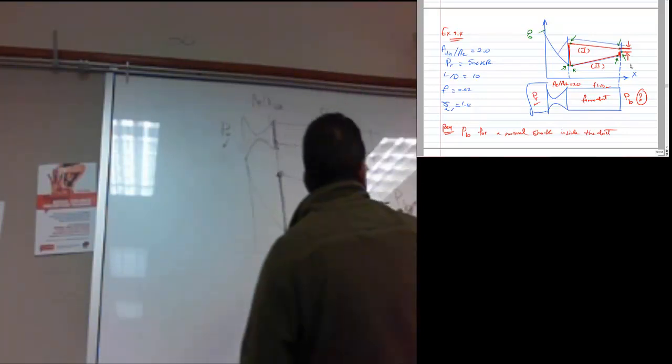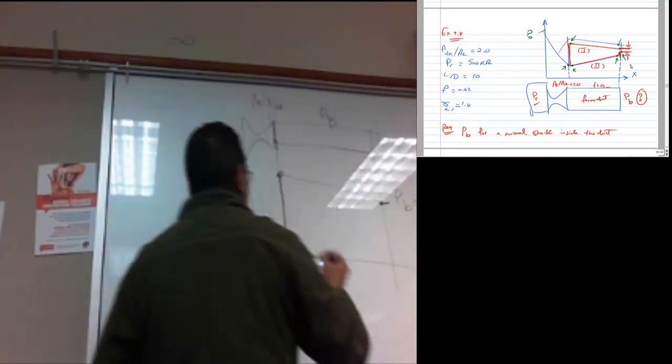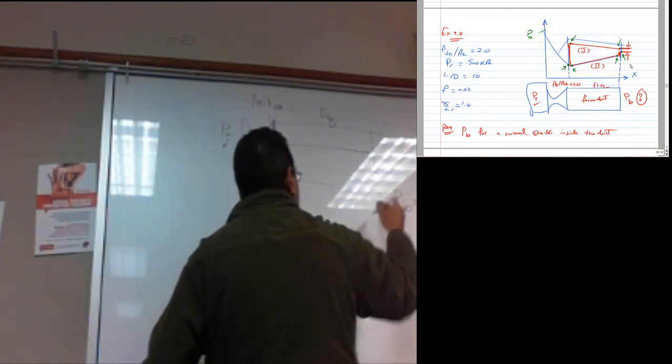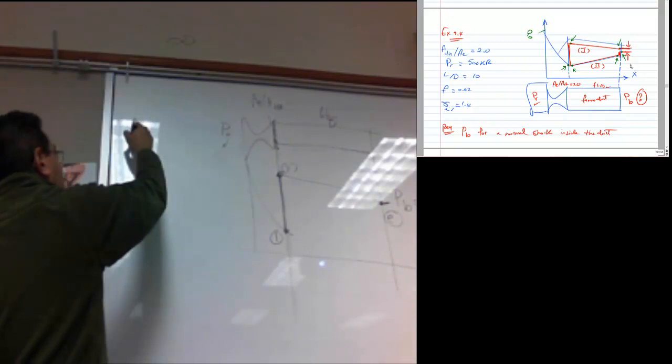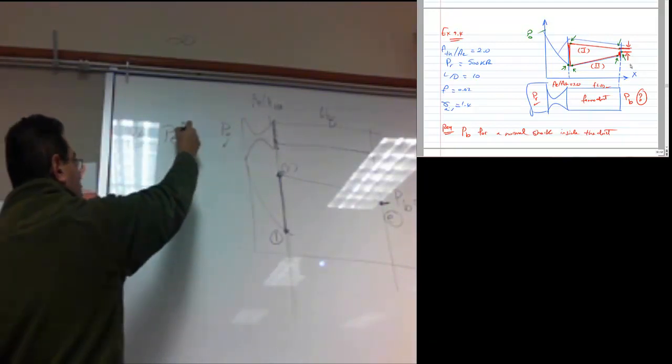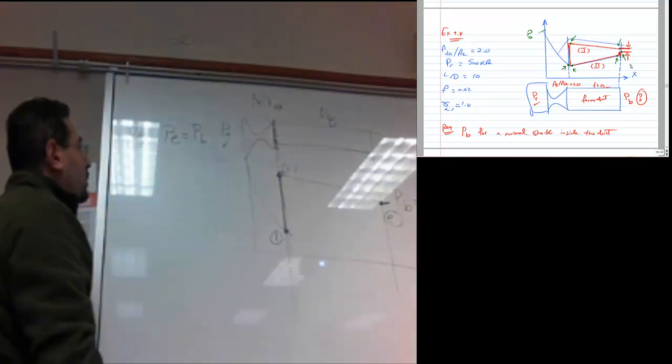I'm going to call this 1, and this is 2, and this is exit. And so required is P exit, which is equal to P back.